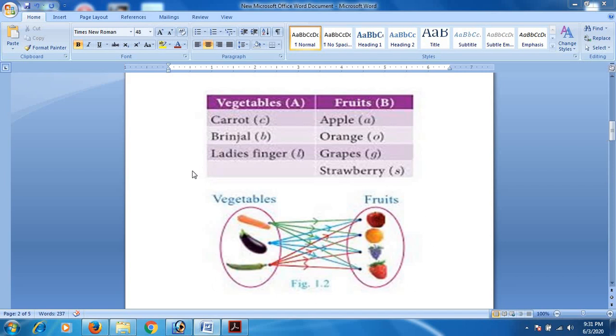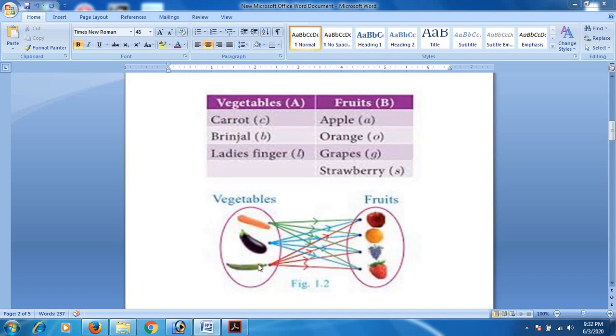If you see this Venn diagram, there are some relationship between the carrot and these four fruits, and brinjal and these four fruits, lady's finger and these four fruits. If you see this picture, carrot is joined with apple, carrot is joined with orange, carrot is joined with grapes, carrot is joined with strawberry.